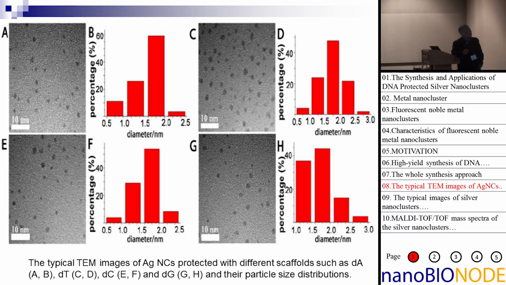Here is the TEM imaging of the silver nanoclusters protected with different scaffolds: this one is dA, D-adenine, and B is dT, and then the next one is dC, and then dG, with their particle size distributions.